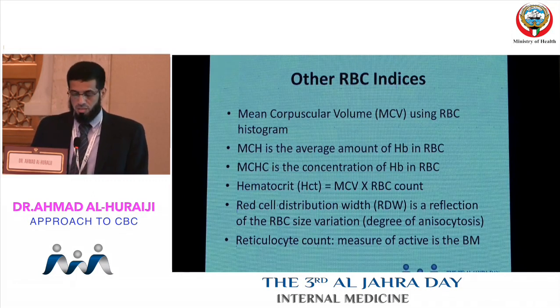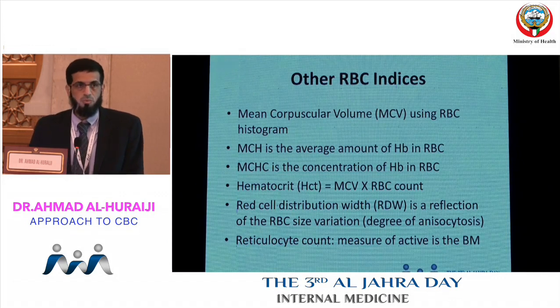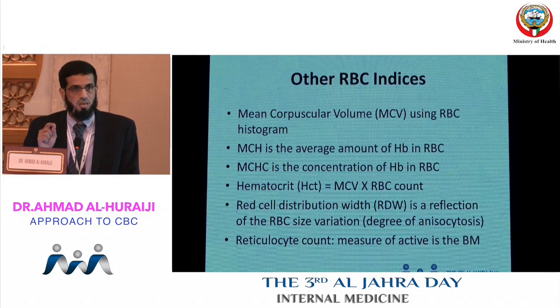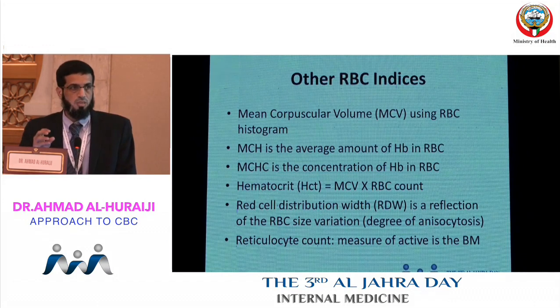Physicians frequently get confused about MCH and MCHC and their significance. Mean corpuscular hemoglobin is the average amount of hemoglobin in a single RBC. So if you have a low MCV, like a small RBC, the MCH will accordingly be low.